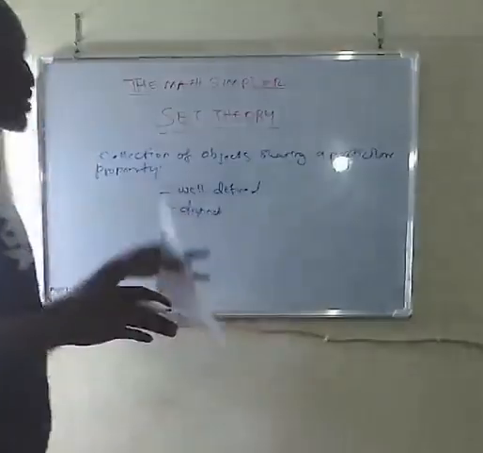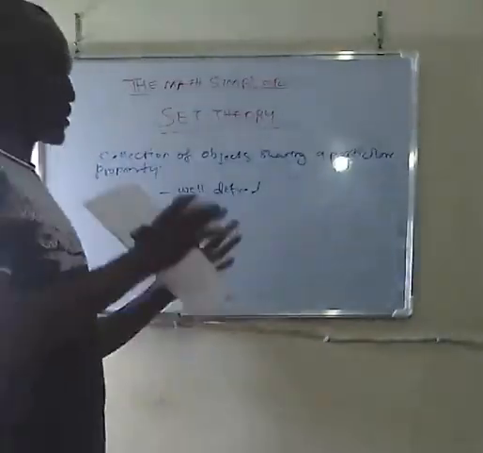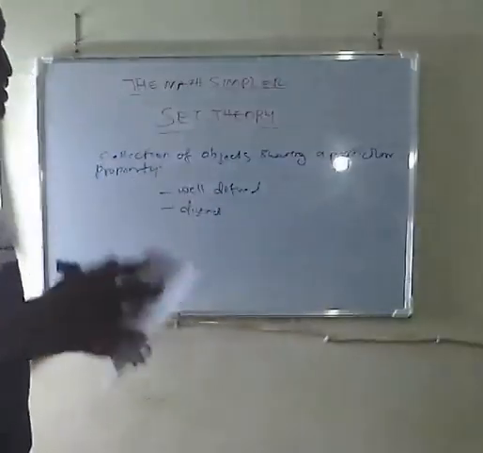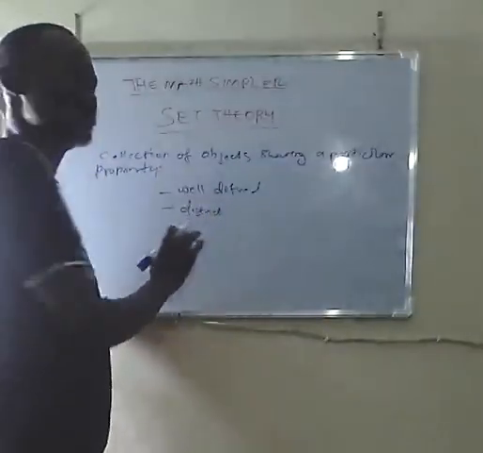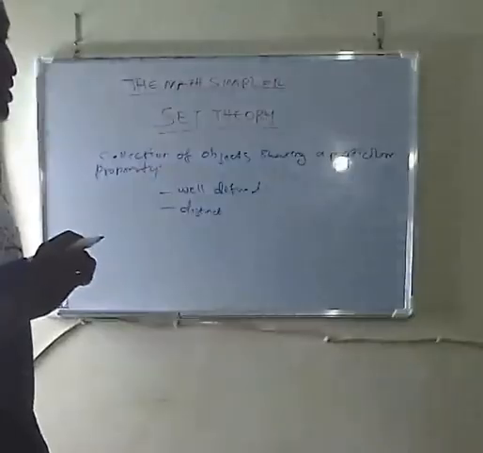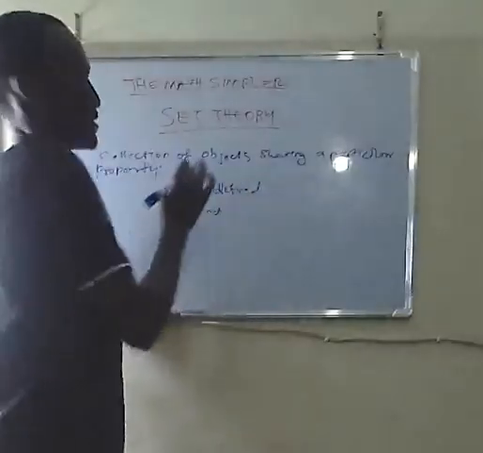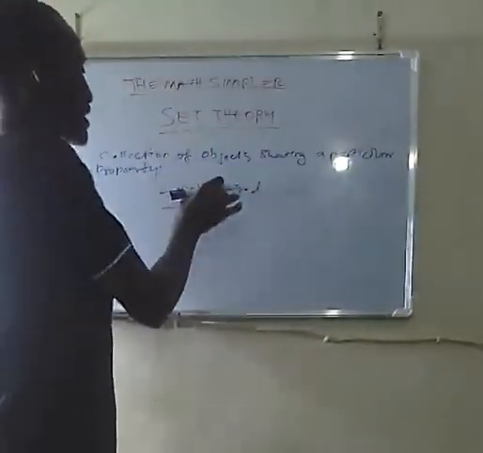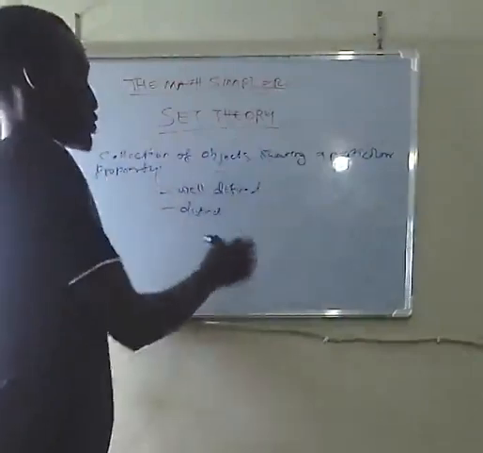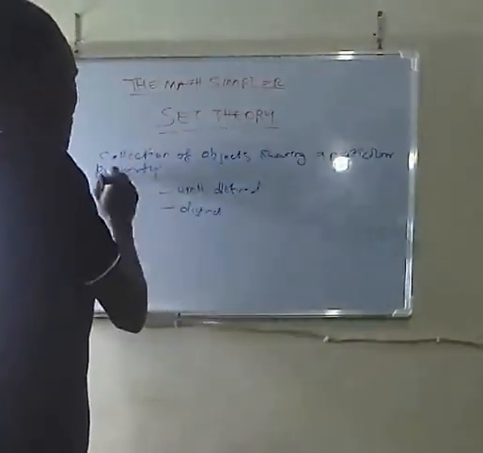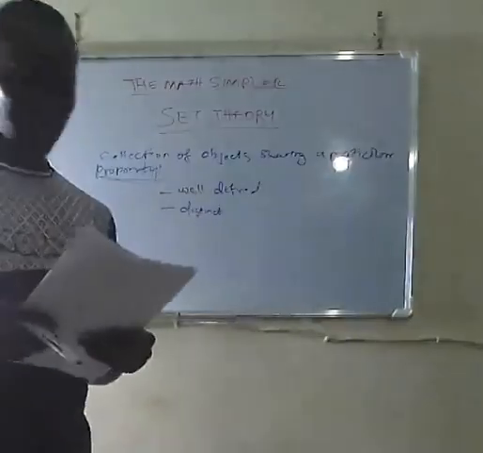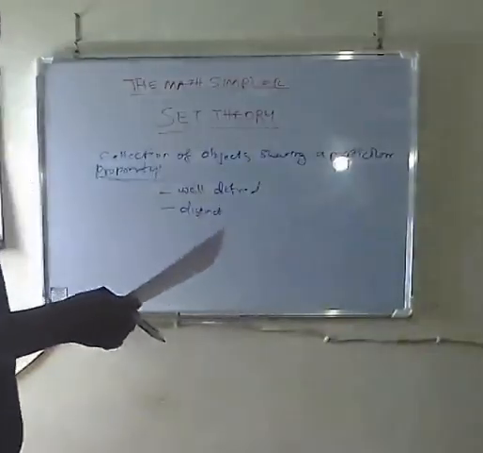Meaning, for something to be called a set, the objects must not be the same. They must be distinct and well-defined, well-defined for a particular purpose, which is where the property issue comes in. That is a set.